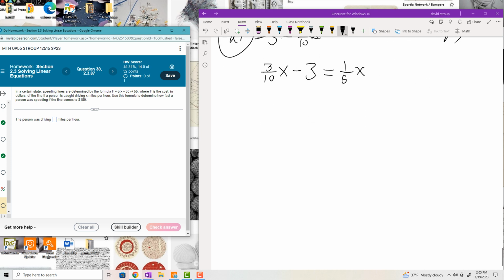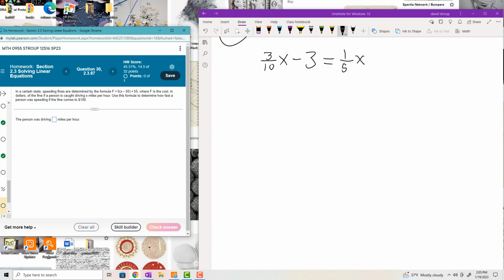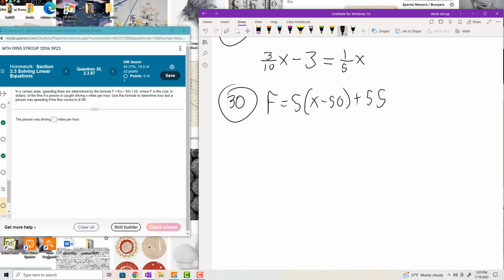Okay, here we got some sort of formula problem. Let's take a look. So I'm going to write down the formula first and then define the variables. So F is the cost for driving X miles per hour over the speed limit. So there's about 5 tickets, I guess.